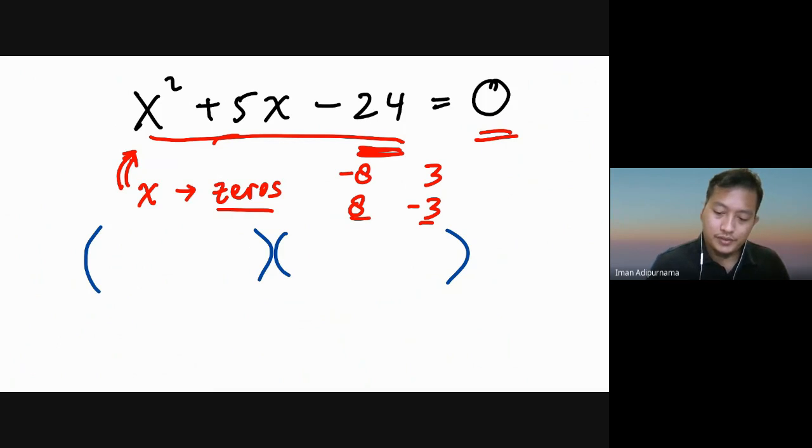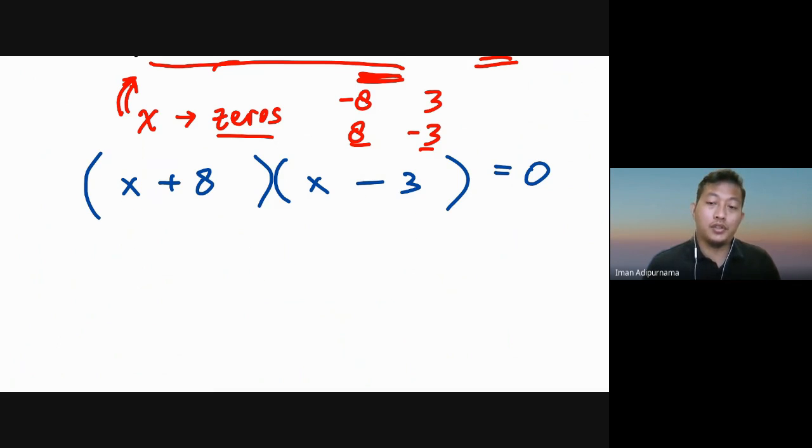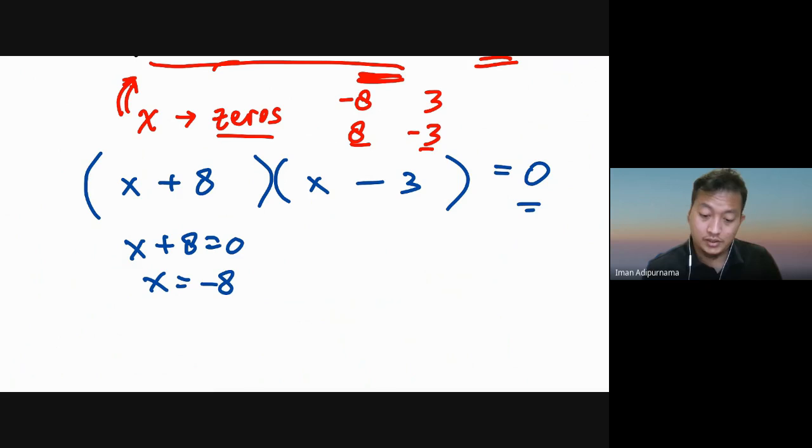So you have x plus 8 and x minus 3. Okay, it's still not finished yet. You need to solve this. And sometimes you make the mistake of saying this x is 8 and this x is 3. Careful. Equal 0 means first this, and then this.